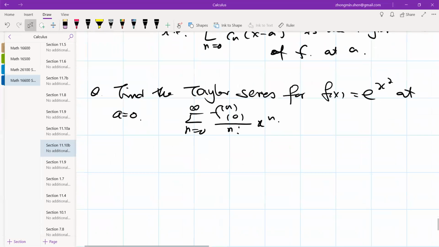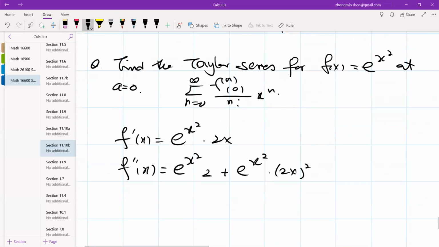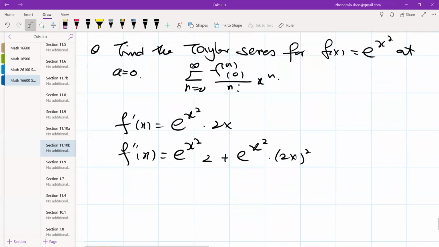But when you try to find the derivatives, it's harder to find the general formula. So don't be in a hurry to solve the problem immediately. Remember the definition: I'm going to find the derivatives. The first derivative is easy, e to the x squared times 2x. And then the second derivative, by the product rule, is 2 times e to the x squared plus e to the x squared times (2x) squared. And then you get more terms, it's harder to find the general formula, more complicated.